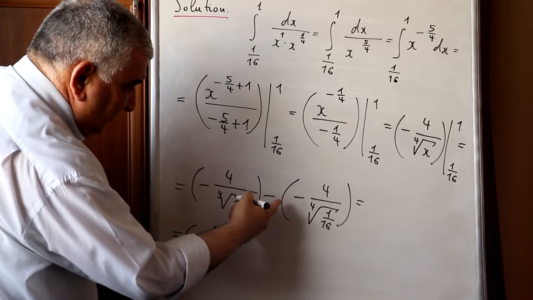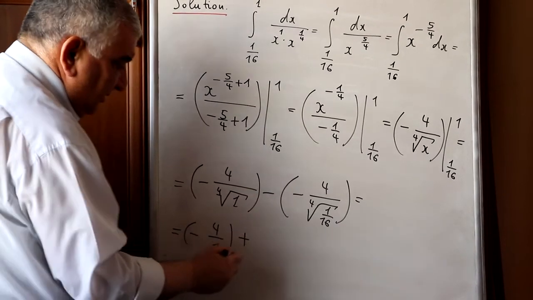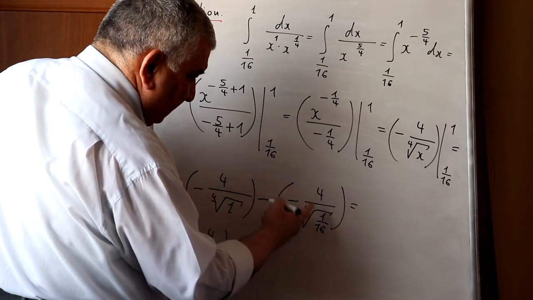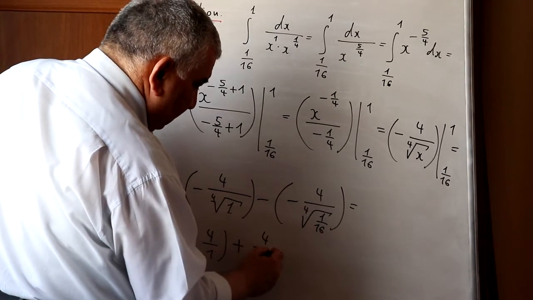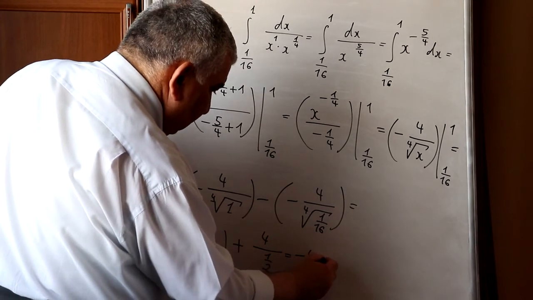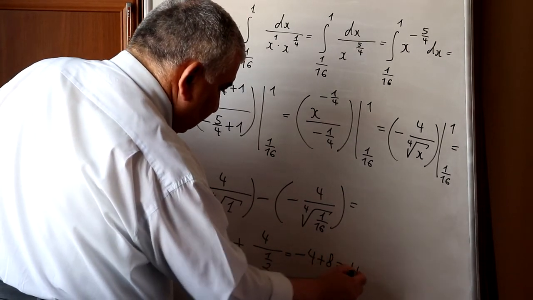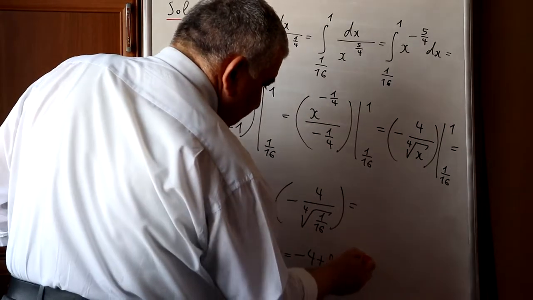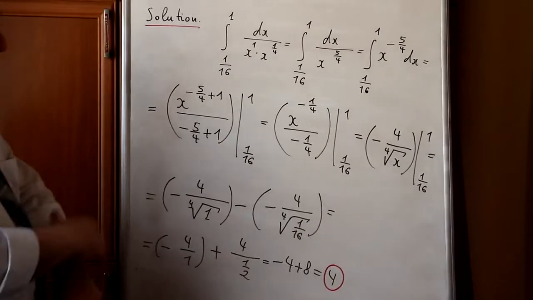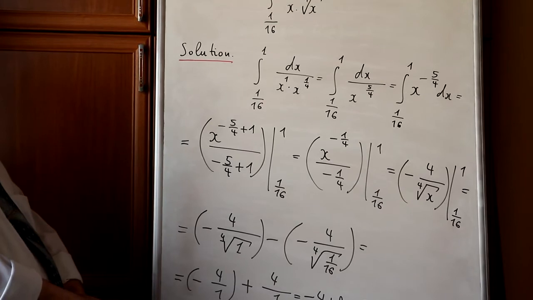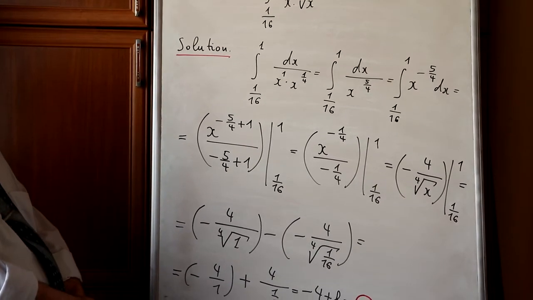Here we will obtain plus, it is 1/2, so 4 over 1/2. Continue: minus 4 plus 8 is 4. Our answer is 4. It is the application of the Newton-Leibniz formula for calculating the definite integral.